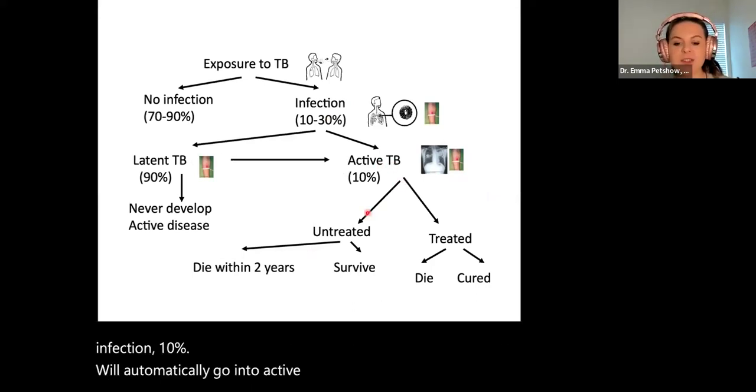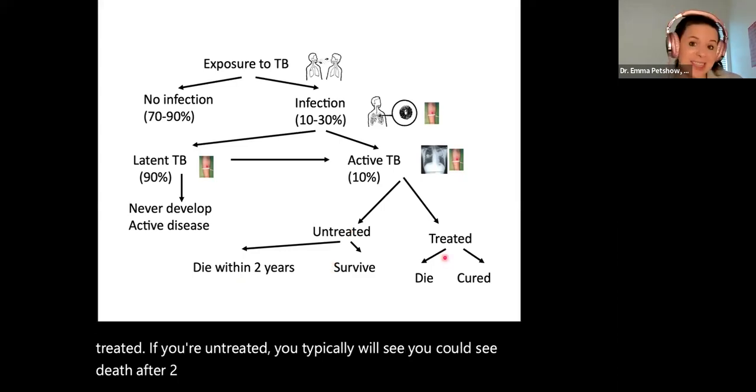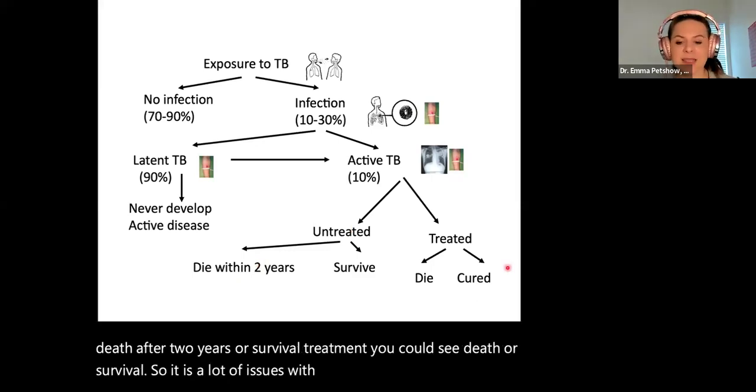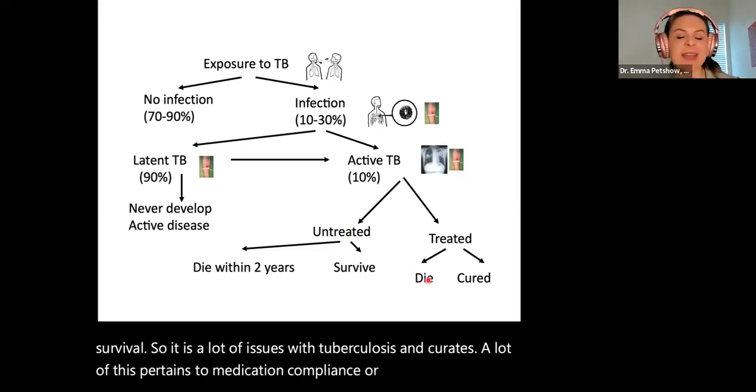And then untreated versus treated. If you're untreated, you could see death after 2 years, or survival. Treatment, you could see death or survival. So there's a lot of issues with tuberculosis, and cure rates. A lot of this pertains to medication compliance or adherence and medication antibiotic resistance.